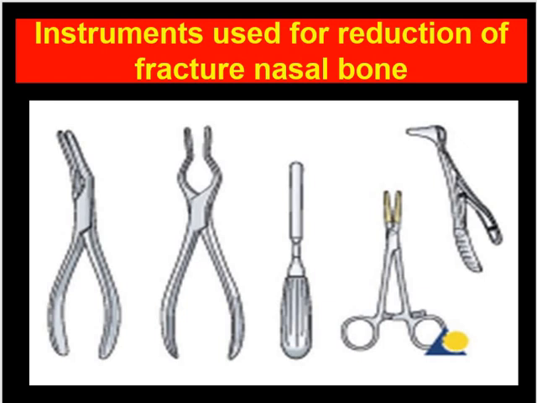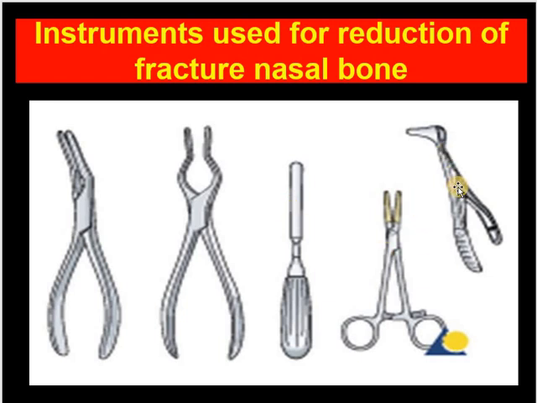Now let's come to the different instruments used for reduction of fracture nasal bone. You must be acquainted with the instruments in the exam. This is the Asch septum forceps. This Walsham forceps will be right or left side. This is Boies elevator, usually used in children to reduce the fracture nasal bone.